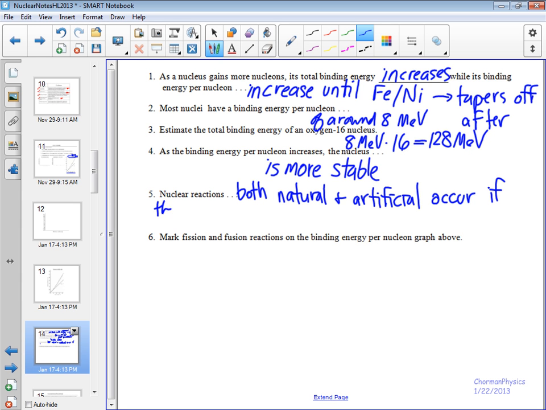They occur only if they increase the binding energy per nucleon ratio. In other words, if they make it more stable.